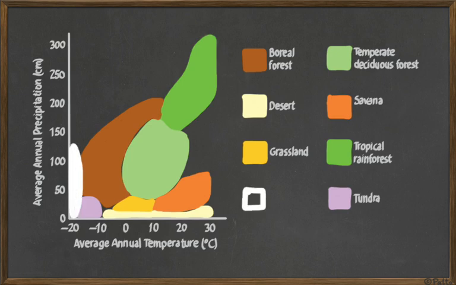And of course, you can have the permafrost, the permanent ice, which can have a wide range of precipitation, going from 0 to no more than 100 centimeters per year. But the characteristic there is that it's a very, very cold place, like Antarctica, central Greenland, and also the top of mountains. You can have this kind of biome over there.